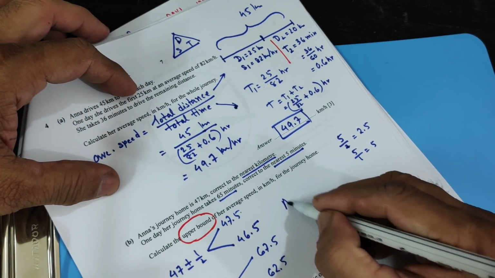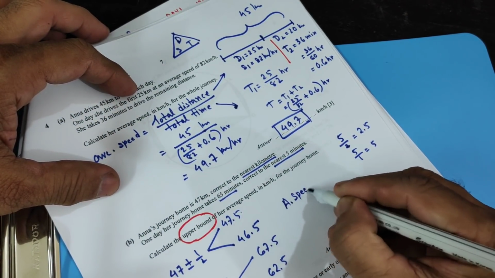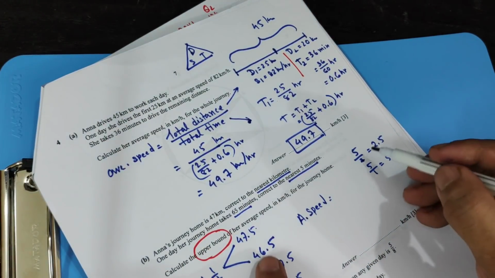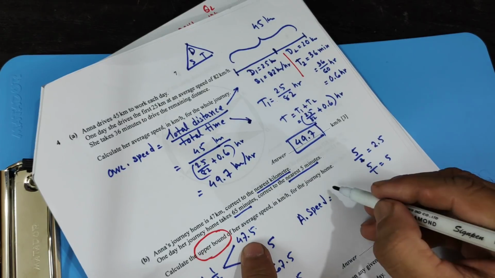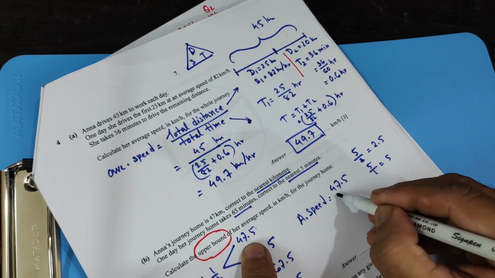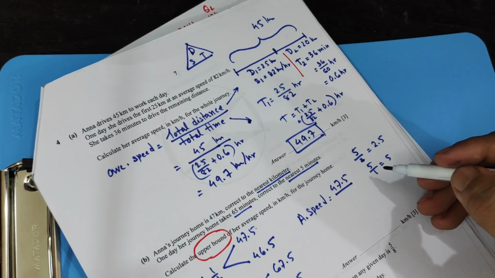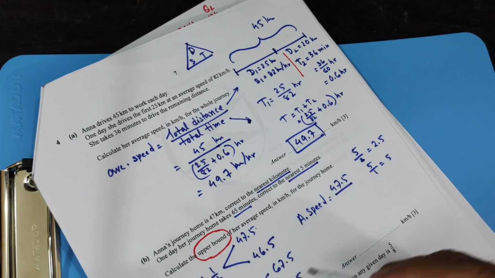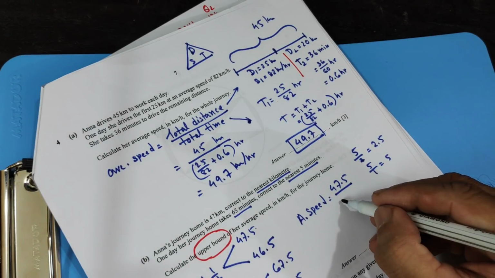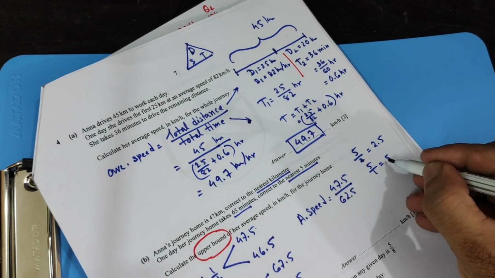So in this case, for total distance, for the upper bound, I'm going to take 47.5, and for the lower one, it says kilometer per hour, so I'm going to take 62.5, the smallest one.